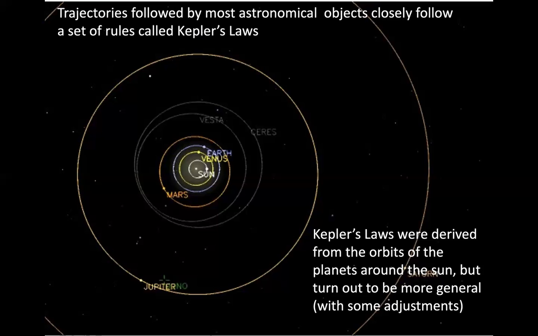And they're all basically consequences of the universal law of gravitation. And it turns out that versions of these three laws do apply to any other system where there's a single big central mass, although you have to adjust things a bit.